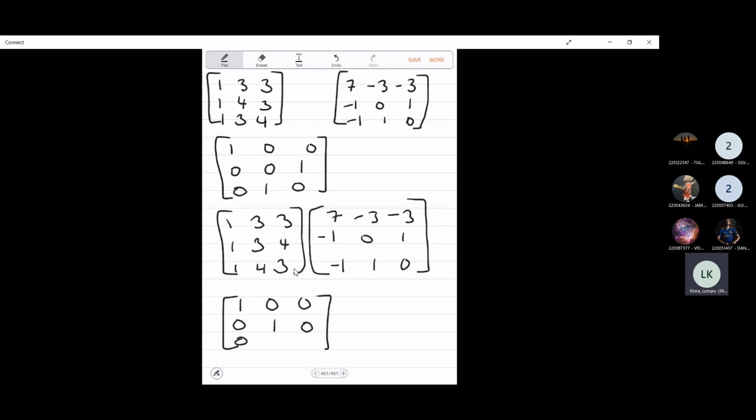Then 1 times that is minus 3, 4 times 0, and then 3, which is 0 here. And then this times that is minus 3, 4 times that is 4, and then 3 times 0, which is 1.